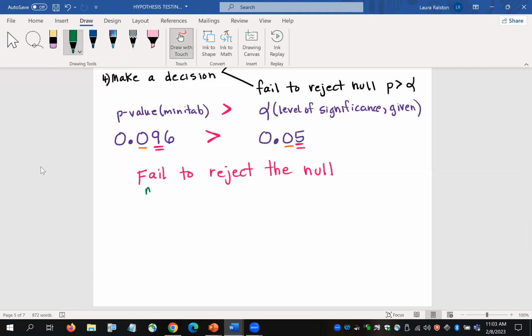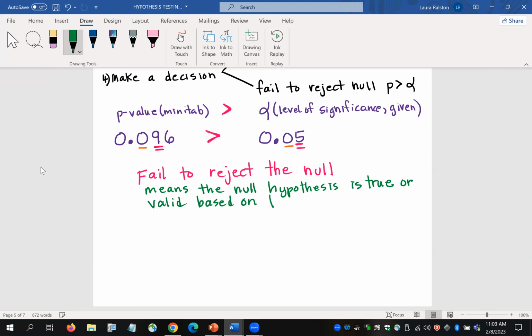That means the null hypothesis is true or valid based on the evidence, which in our case is a sample.